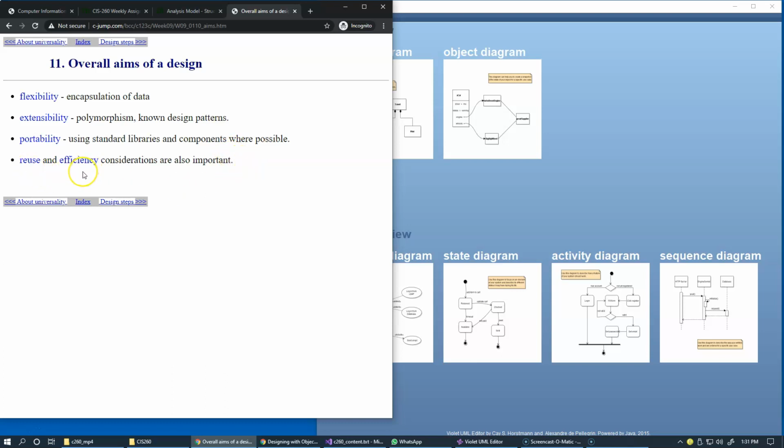Reuse and efficiency considerations sometimes make an impact on the way we structure things. So instead of, for example, designing a large class with lots of data attributes and lots of operations, sometimes this could be split into multiple classes, right?